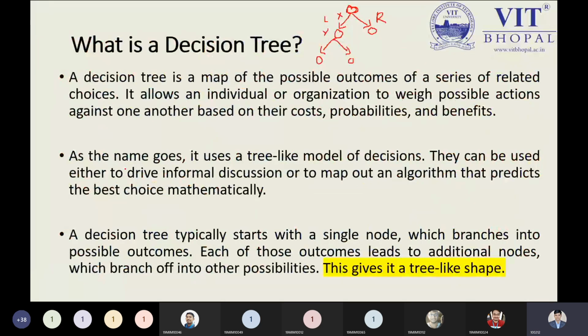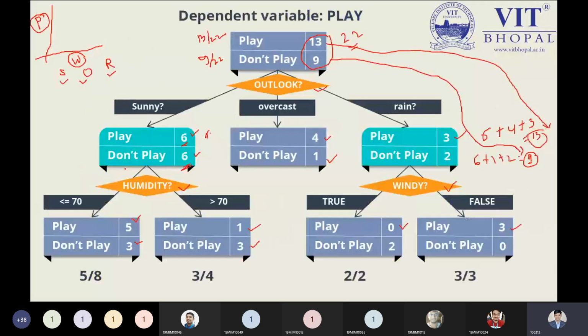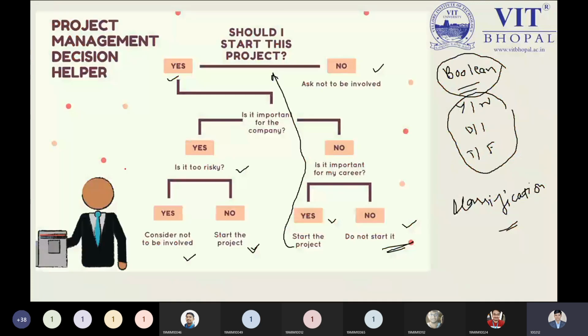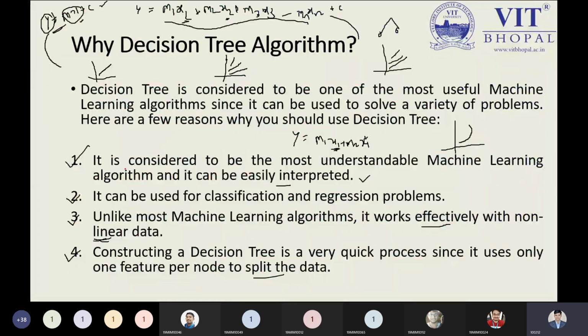Today we have seen that the decision tree is an approach used for two kinds of problems, classification and regression. We have seen a regression based decision tree example, like playing and non-playing, and this is a classification based example, and this is also a classification based example.